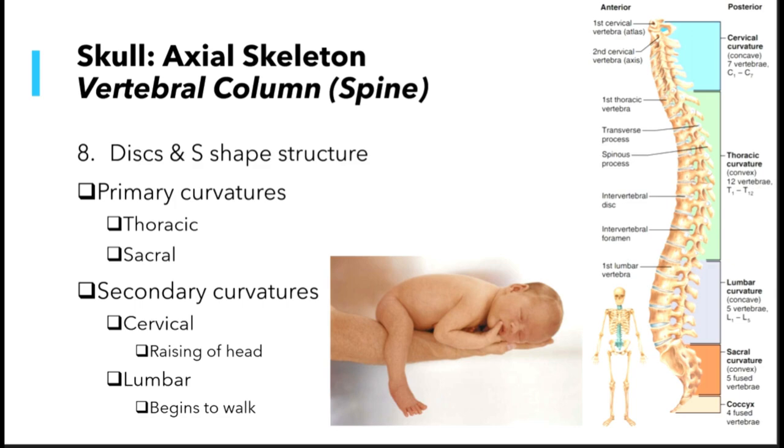So your vertebral column has its primary and secondary curvatures. The primary curvature is a spinal curvature of the thoracic and sacral regions because they are present when we are born. So they form the C-shaped spine of the newborn baby, just like this one.